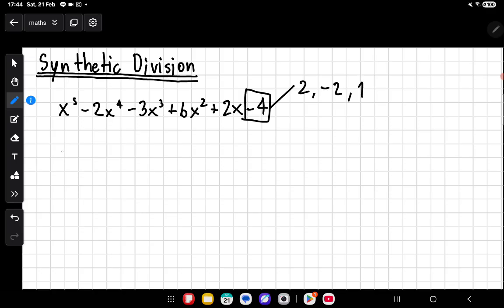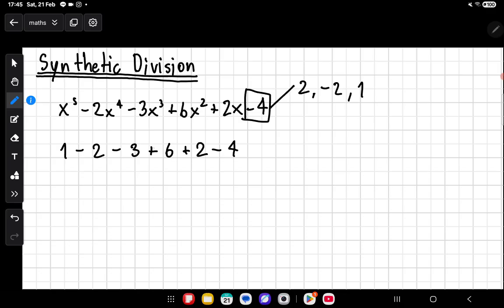So let's start. 1 minus 2 minus 3 plus 6 plus 2 minus 4. Let's try to solve for it. So we see that this is 1 minus 2 minus 3, so it's negative 5.